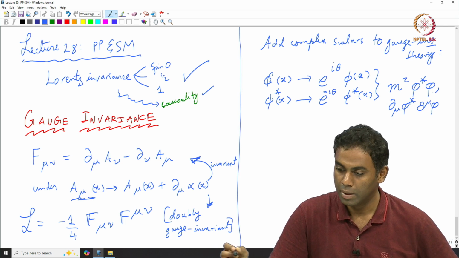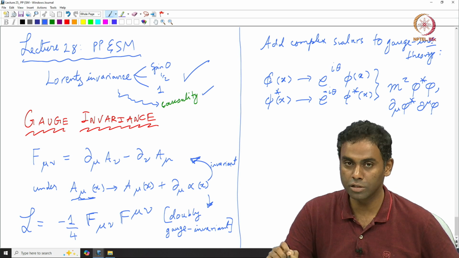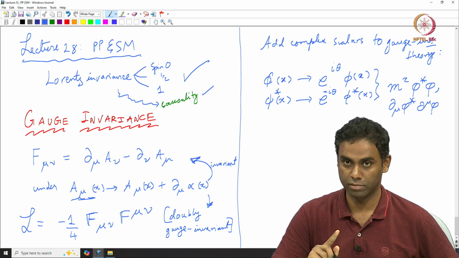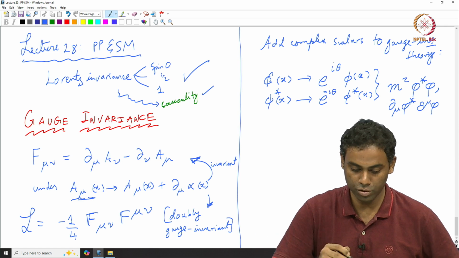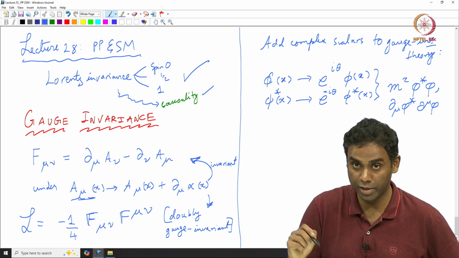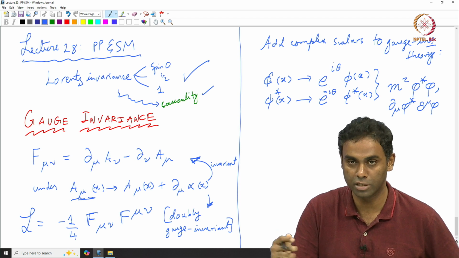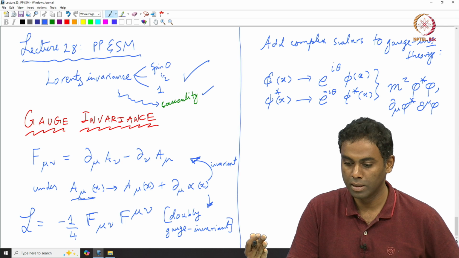But necessarily gauge invariance means I cannot just do this, I need to have a local transformation. This is not a gauge invariant theory, because I need to make sure that there is a redundancy in the field description. Here if it is just 1 theta, it is not a redundancy in field description, right, it is just some rephasing, correct.